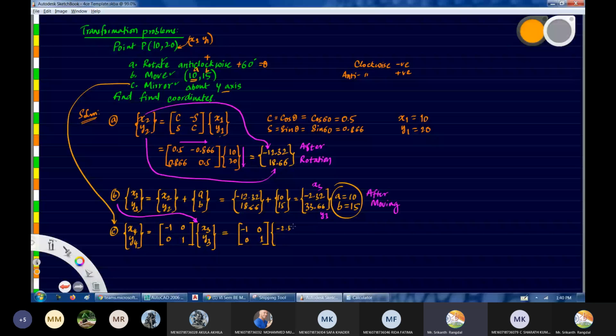Multiply, what do we get? Minus 1 gets multiplied here, so we get 2.32. And the second one, we get 33.66 as it is. Correct? So this is the final answer. Is this the final answer?